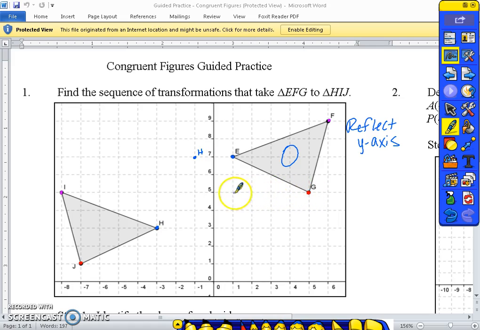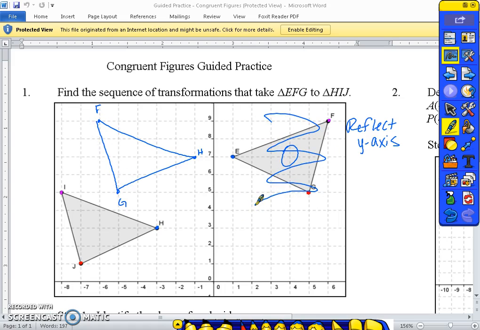G is right here. And F is right here. And now we want to get this new image. We forget about this one. We're done with that because we've done our first step. To get this image to come down here, it's just going to be a slide, which is a translation.